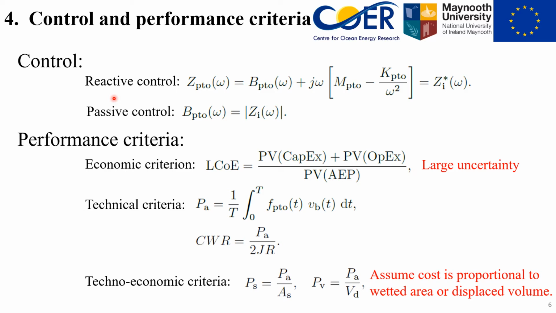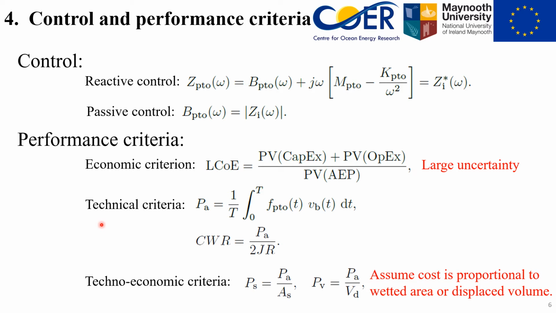In this study, both reactive control and passive control will be used to discuss their impact on geometrical optimization results. In terms of performance criteria, the most ideal criterion is the economic one, the levelized cost of energy. However, there is only limited experience of real sea operation, thus such a model has a huge uncertainty.